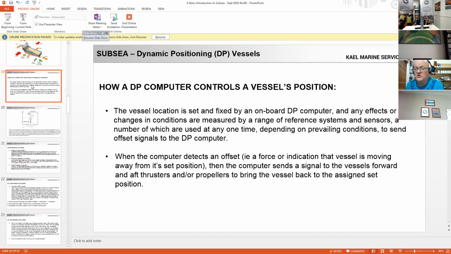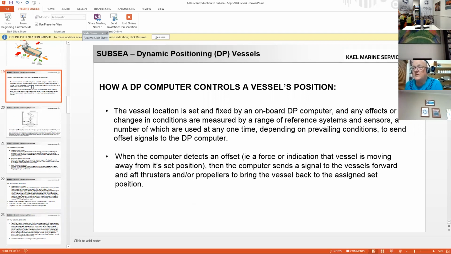Just to go a little bit on that, you have a range of reference systems, but you may not be able to use all the ones that the vessel has. For instance, you may have a taut wire to use as a reference system, but the vessel is working over live pipelines, and in that situation, you wouldn't be able to use the taut wire. You would need to use other types of reference systems.